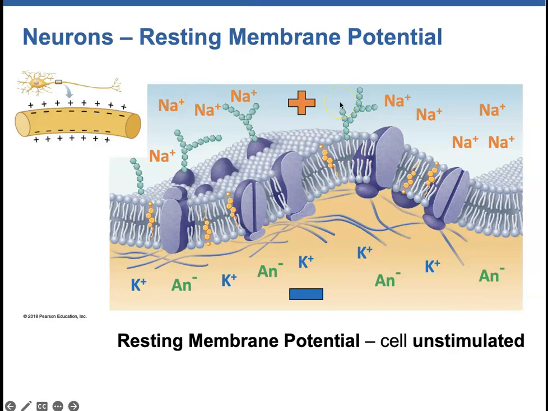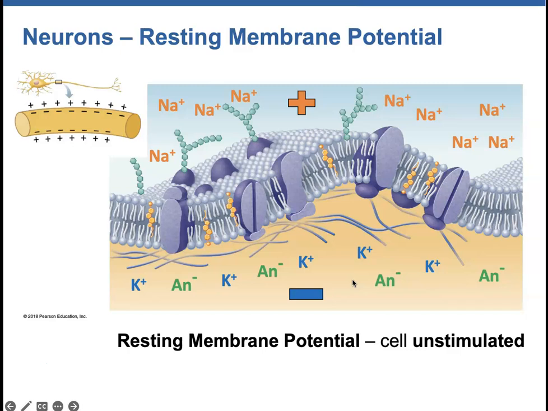So resting membrane potentials look like this. We have sodium on the outside, the majority of the sodium is going to be on the outside, and inside we have potassium. Even though potassium is a positive and sodium is a positive, the proportion of positivity on the outside causes the outside of the membrane to be more positive, which is why this is a plus, and the inside of the membrane, because it has less positive ions in proportion, is more negative.